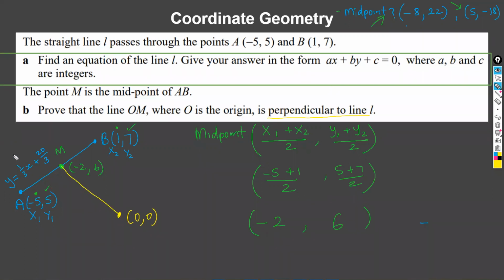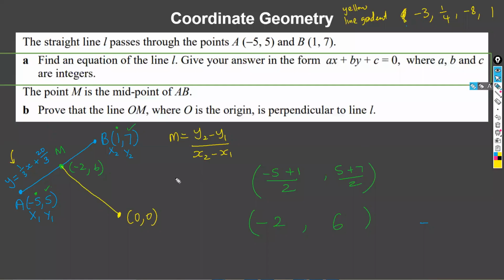We know the gradient of the blue line, which is 1/3. Quickly find the gradient of the yellow line, and then I will show you all how to prove using gradients that the two lines are actually perpendicular. But send the gradient for the yellow line first. That's your first task.